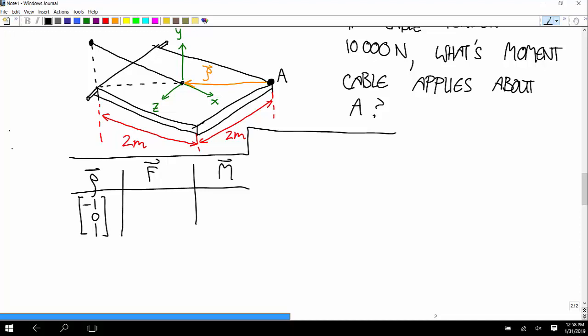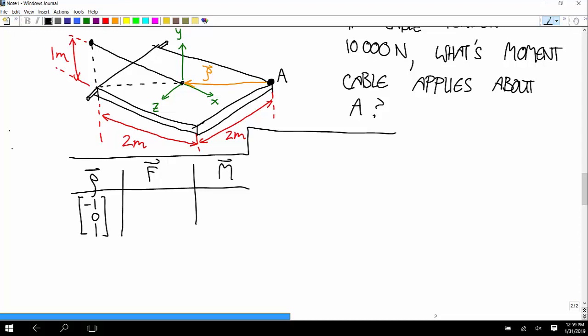Okay, the force vector. Oh boy, the force vector is going to be a pain. So how are we going to calculate the force vector? Oh, and let's also pretend that I gave you this dimension. This is 1 meter. I have to give you all that stuff or you can't do this.